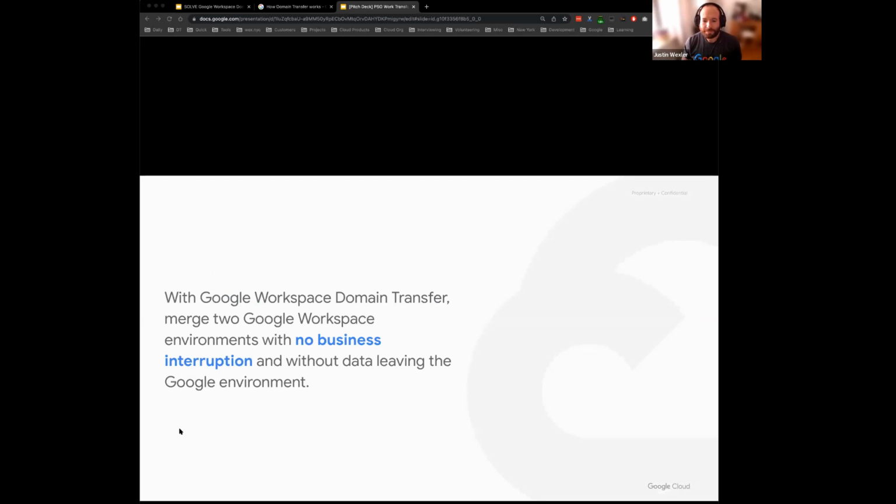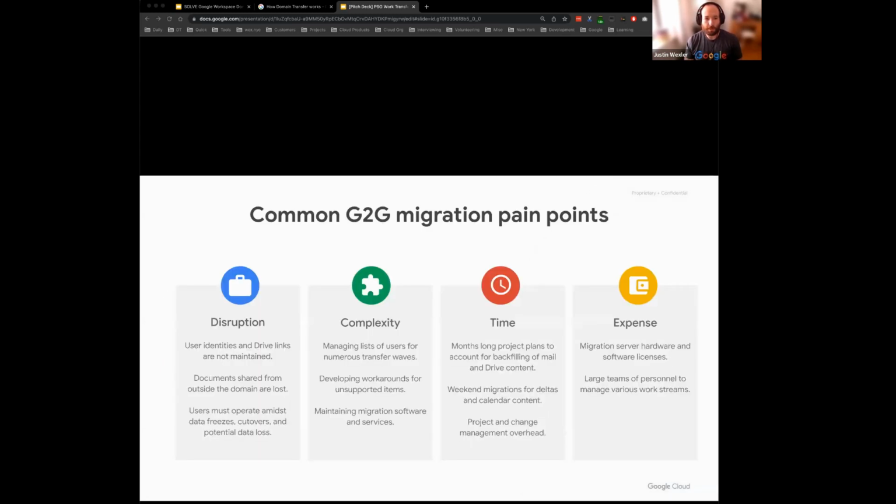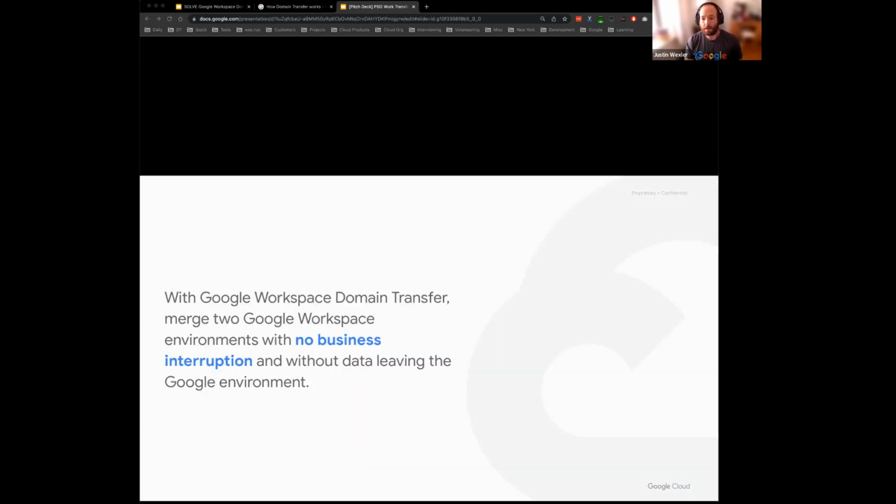This is easier. So what we're talking about here is Google Workspace domain transfer. And we are merging two Workspace environments together with zero business interruption for our end users, and without data leaving the Google environment. And those of you, again, who are familiar with this and have only lived these pain points over and over again, can see that there might be some benefits that come along with this.